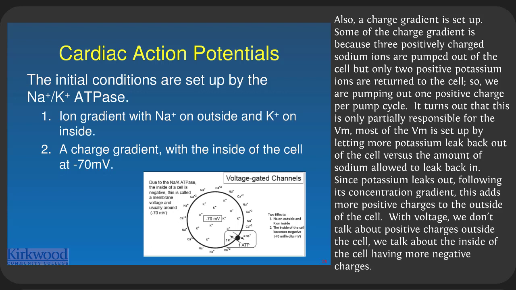Since potassium leaks out following its concentration gradient, this adds more positive charges to the outside of the cell. With voltage, we don't talk about the positive charges outside the cell. We talk about the inside of the cell having more negative charges. So by pumping out more positives and by letting potassium leak out more than sodium comes back in, the inside of the cell takes on a negative resting voltage.